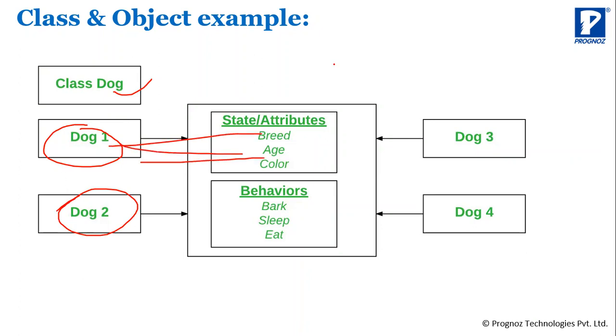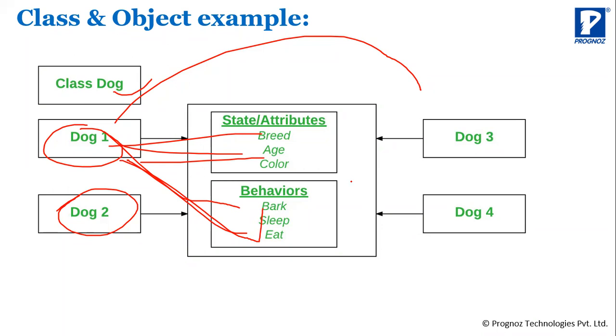Dog1 has behavior, that is barking, sleeping and eating, the bark, sleep and eat methods. Same as dog2, it has breed, age, color, bark, sleep, and eat. Dog3 and dog4 also have the same.